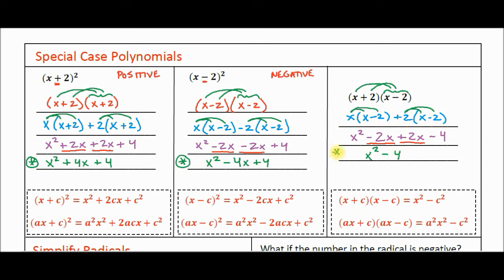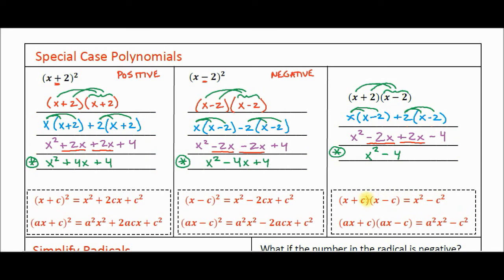So here is our special case shortcut. If you have two binomials with the same first term, and the second term is the same, just that the signs are opposite of each other, middle term goes away, and here is our format for that.